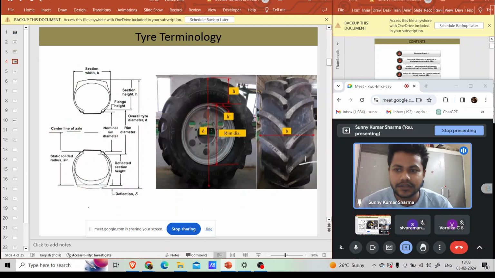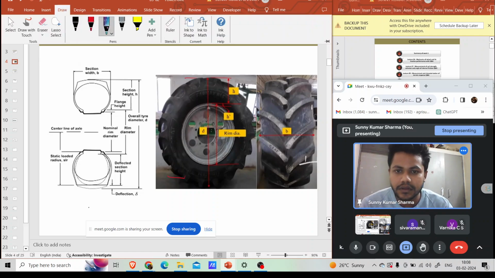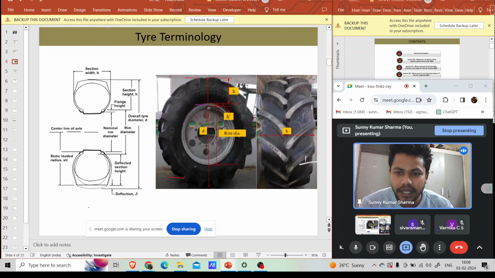The important thing we discussed last week is the tire terminology. Suppose this is our tire. This diameter, which is designated on the tire, is called the nominal rim diameter.